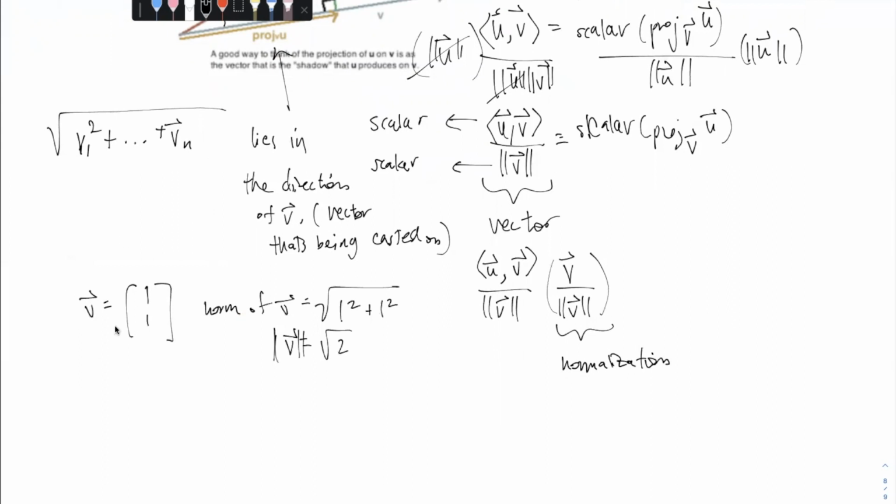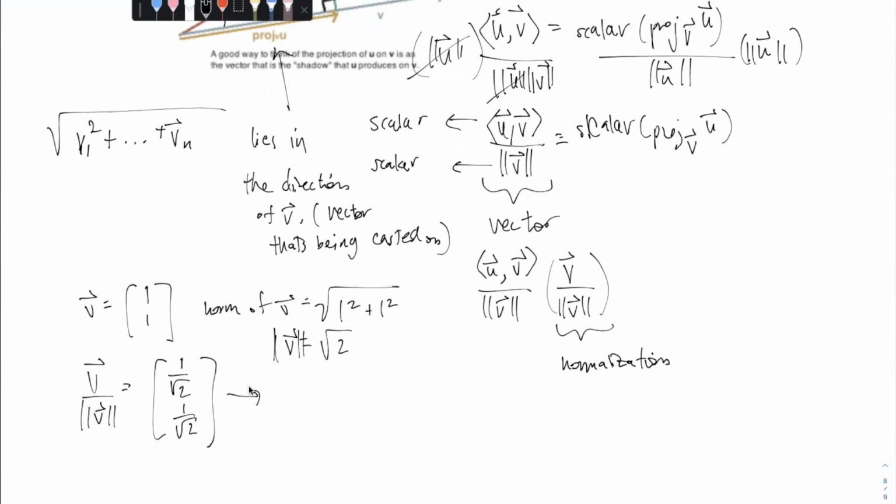And if we want to normalize this vector, we simply do the vector v divided by its norm. So we get that this quantity here is now 1 over square root 2 for both of its numbers.